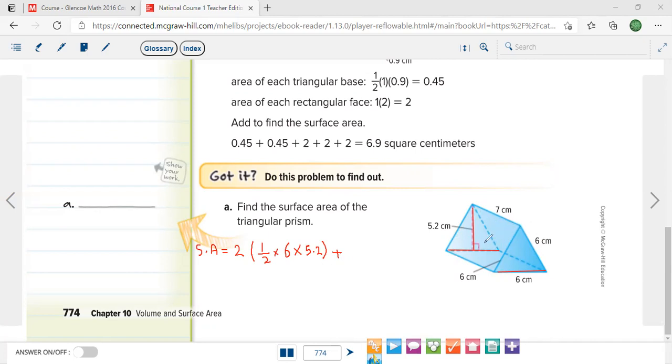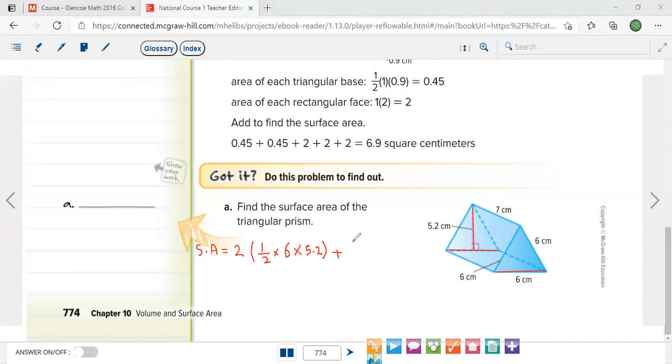This side face is 6 multiplied by 7. The other face also is 6 multiplied by 7. The bottom also is 6 multiplied by 7. So let me tell you an easy method to find the three faces together.